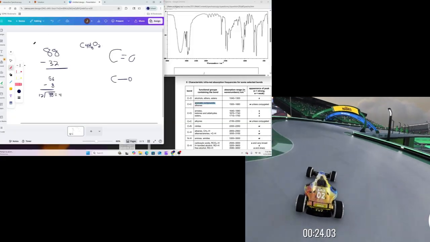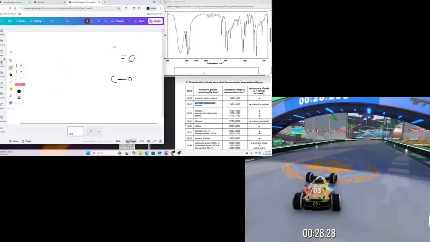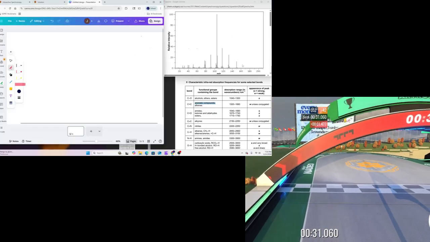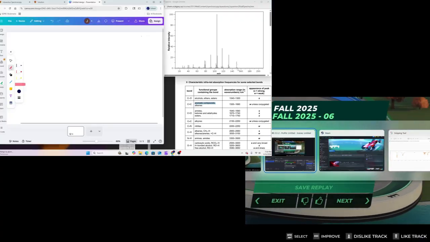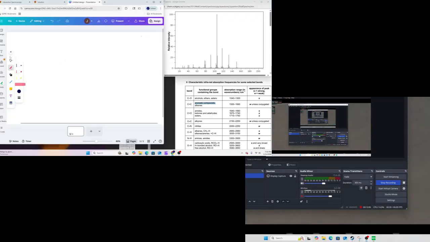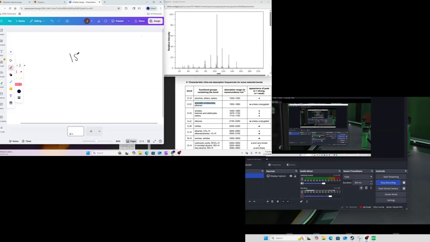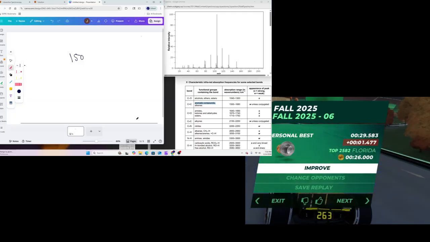Okay. Now, the next thing that we want to do is take a look at our masses. And in this case, we know we're going to take out an OH. We're going to see that this line here is right at 150. We have another line that goes forward. So I'm going to use my 150 to be my starting point here. Okay.